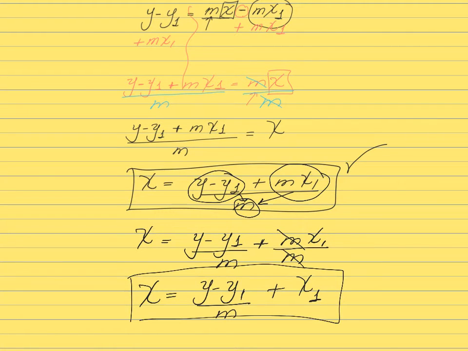And both expressions can be used to calculate x, knowing the difference in the rise and the slope plus x1, the horizontal position of that object.